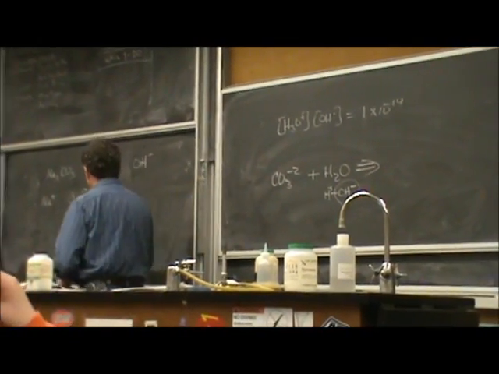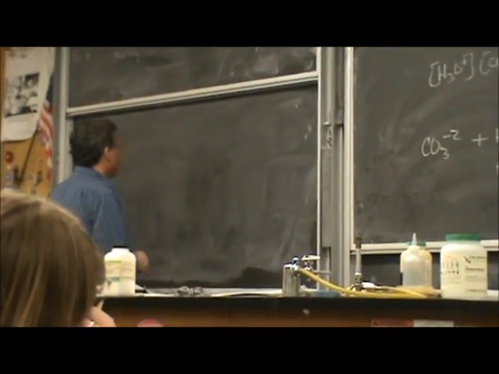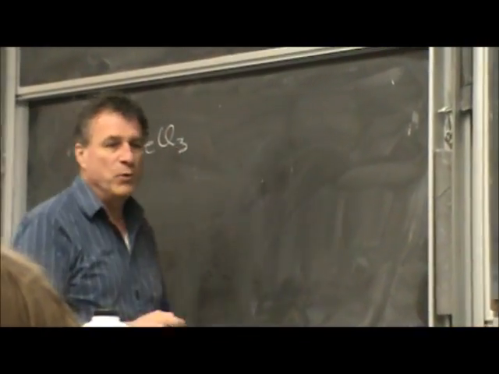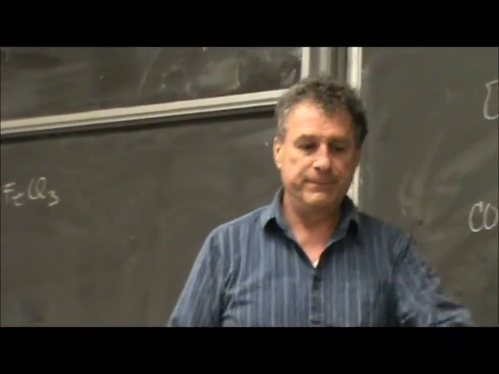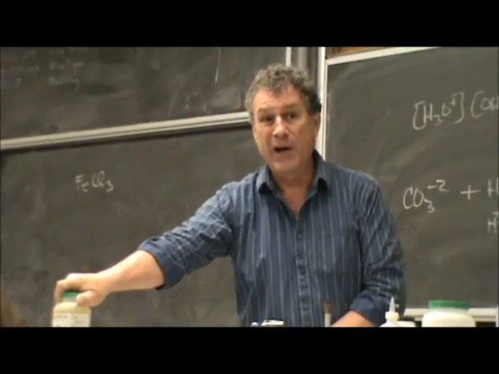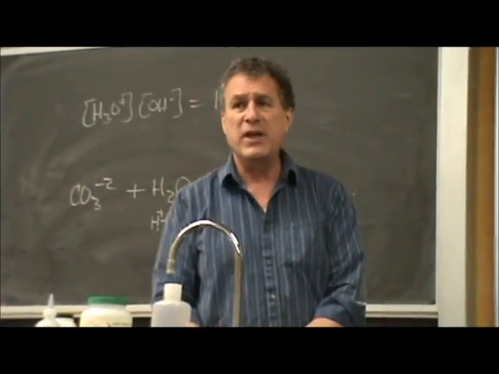Okay. Now the question is, when I add that to water, the pH goes down. Ferric chloride or iron 3 chloride. When I add that to water, the pH goes down.